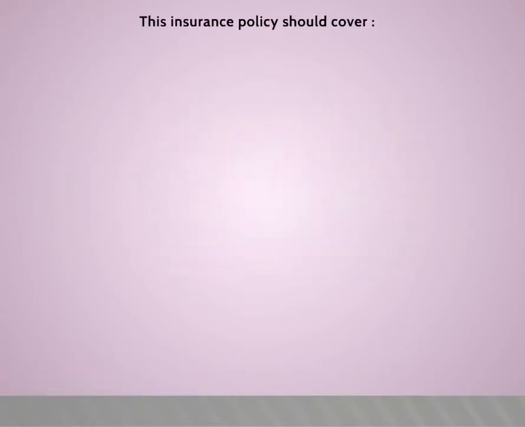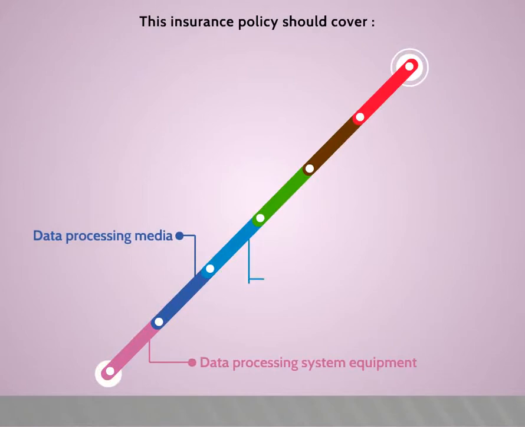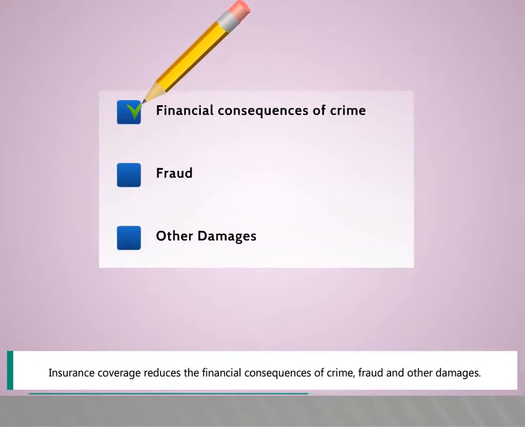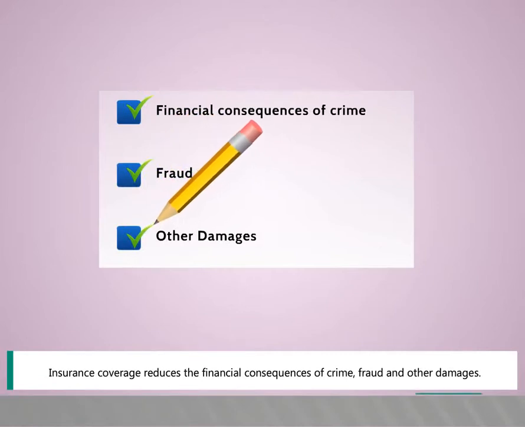This insurance policy should cover data processing system equipment, data processing media, valuable papers and records, business interruption loss, extra expenses on replacement, accounts receivable. Insurance coverage reduces the financial consequences of crime, fraud, and other damages.